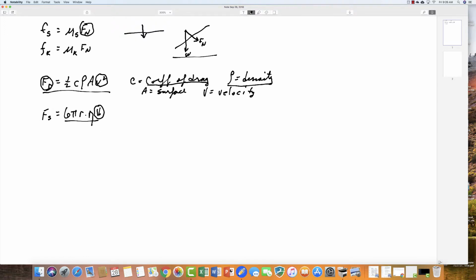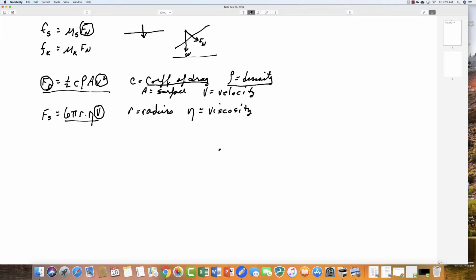It's not related to the square of the velocity, but straight related to the velocity. So you have 6 pi times the radius, R represents the radius, and this symbol, which is the lowercase nu, represents the viscosity of the medium that you're passing through.